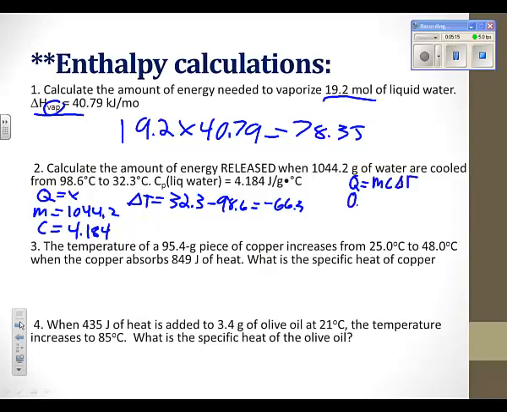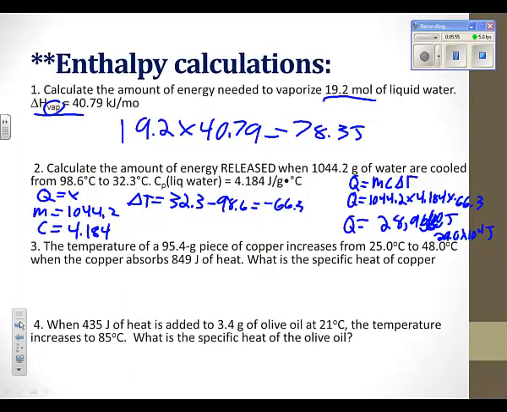So Q equals our mass, 1044.2, times our C of 4.184, times our delta T of negative 66.3. Do all that in your calculator, simple multiplication problem, and you get 28,966 joules, or 29.0 times 10 to the fourth joules. Sorry it's so sloppy, but you see the point.